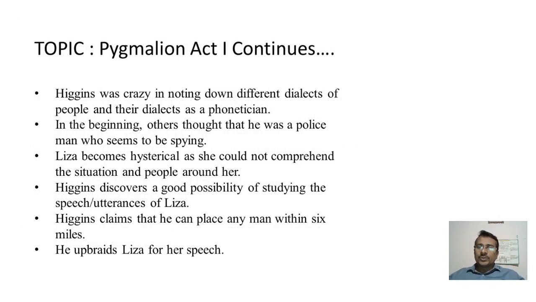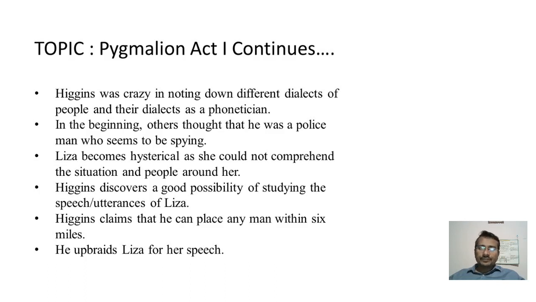As I already told, Higgins was very keen on noting down the different dialects of people as a phonetician. Dialect is a specific way of talking, the style of talking, the words used in a particular language. If we consider English, within English there are a lot of dialects which are based on certain parts of a state or a country.